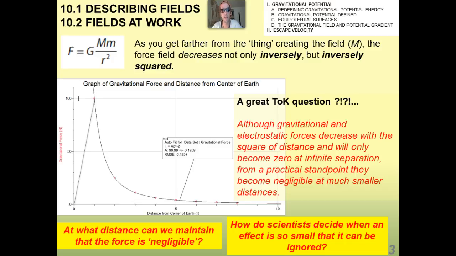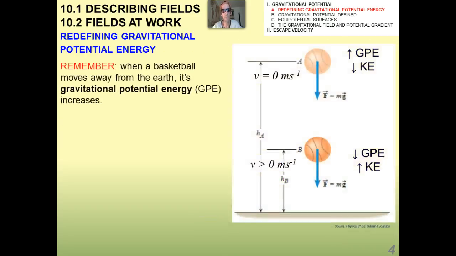It depends on the application of what you're trying to do, whether or not you think it's negligible or not, okay? Every place in the universe experiences an effect from Earth's gravitational field. Whether that's negligible or not depends on what you're trying to find out, or how sensitive your equipment is, okay?